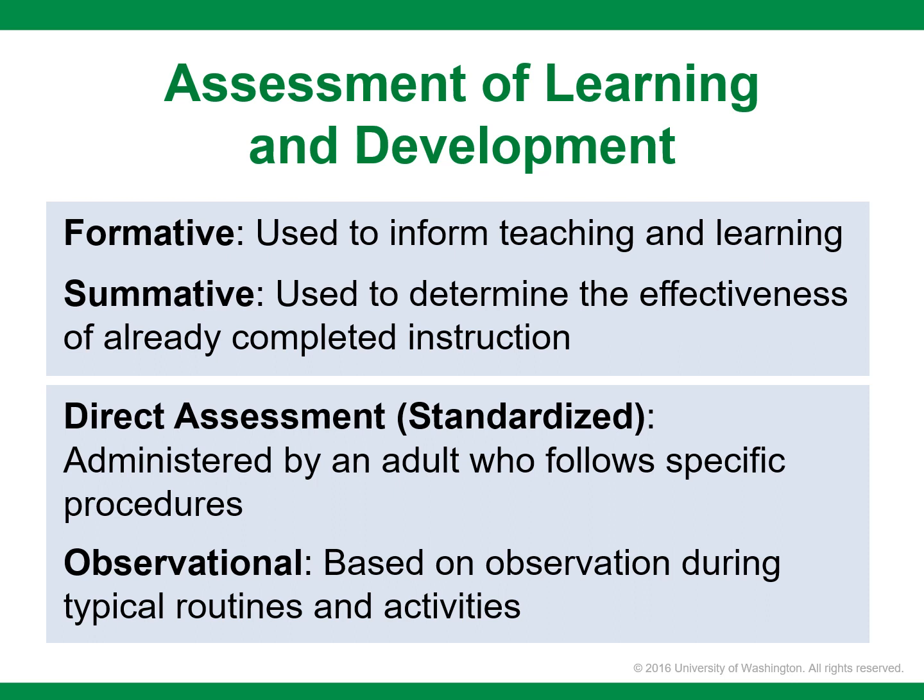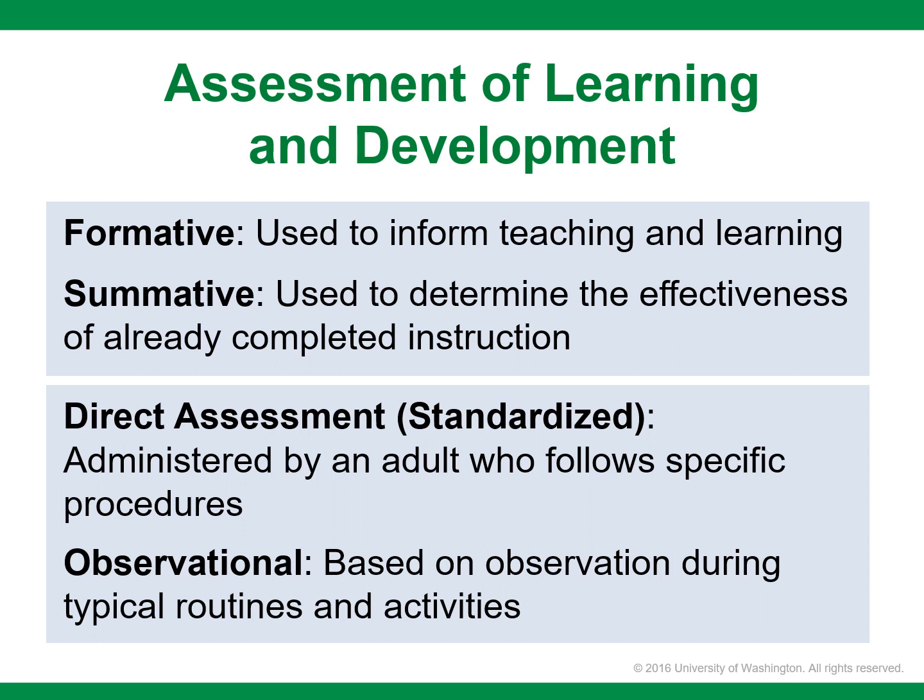Let's think about formative assessment and summative assessment. Direct assessment instruments are administered by specific procedures. In contrast, observational instruments are completed based on observations of children during their typical daily routines.